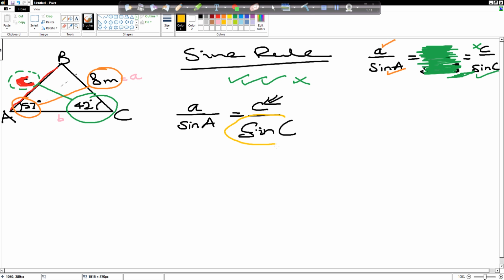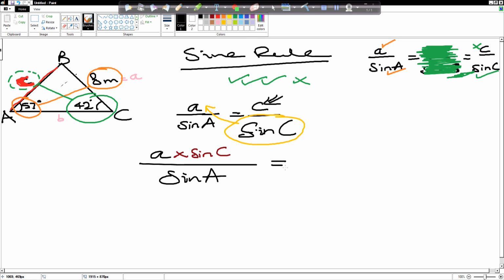Opposite dividing by sine C, and this side is times. So this little c here in the green dotted dumbbell part is what we're trying to work out, and we know everything else.